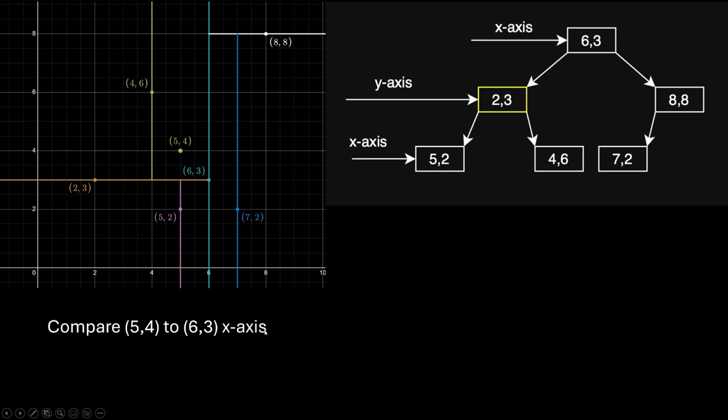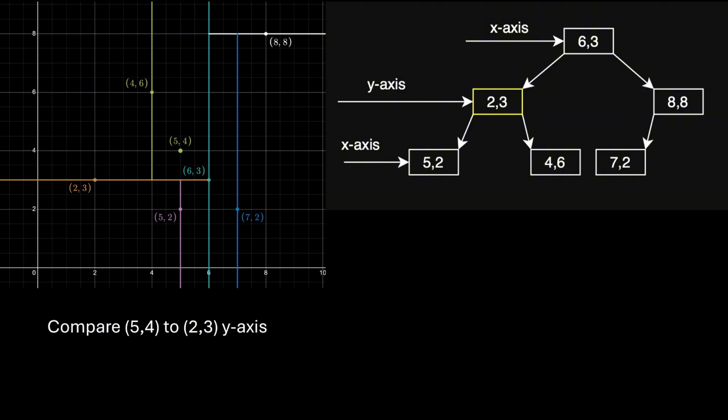It's not x, it's y. So we compare with the y. Oh, I'm sorry, there's a typo on the slides, but this is the correct one. We're moving on to the 2, 3 node.